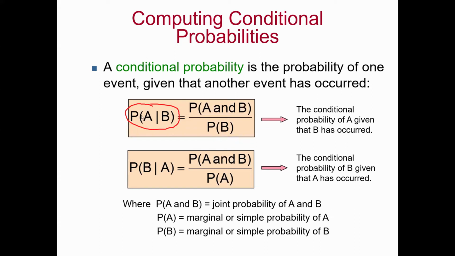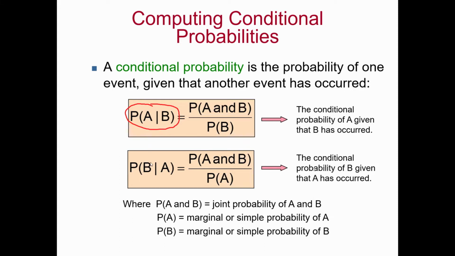We call this conditional probability. The event B has already occurred, and based on that information, we are calculating the probability of A. The rule for this is probability of A and B over probability of B. This is known as conditional probability.